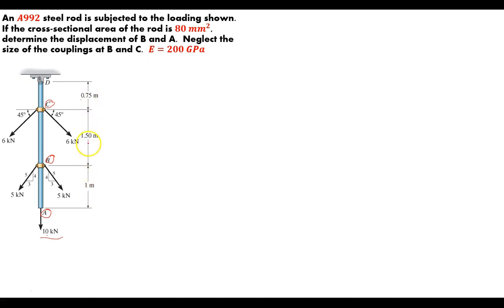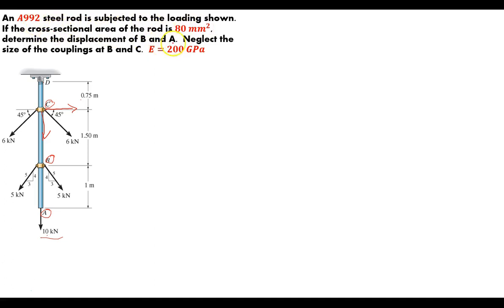So you've got three different segments, three different load components, and different types of loading, and we're going to have to break this up into different components and find out what's going on here. So let's finish what they're given. An A992 steel rod is subjected to the loading shown.